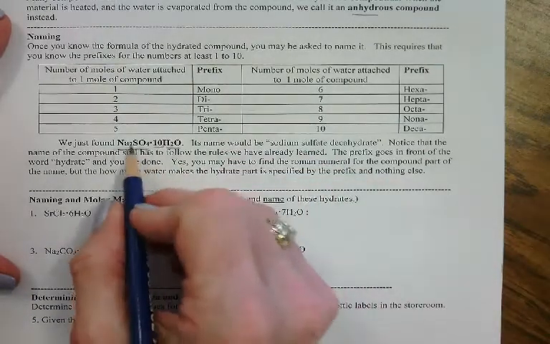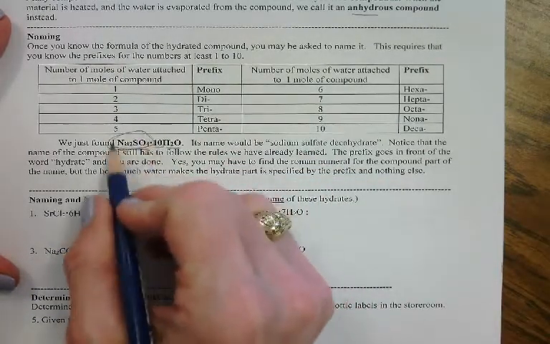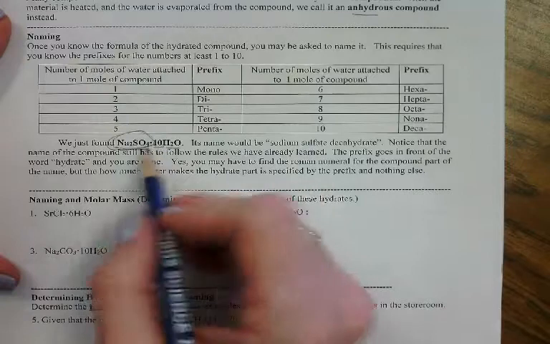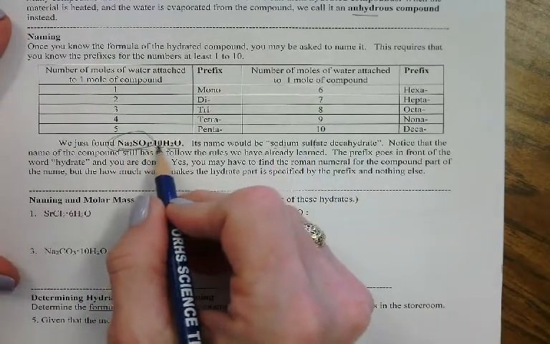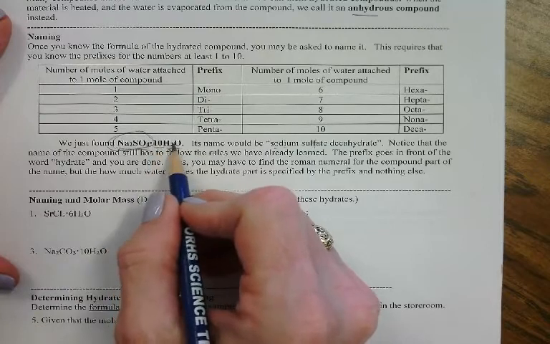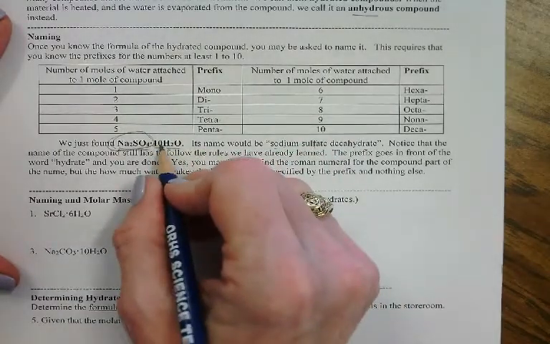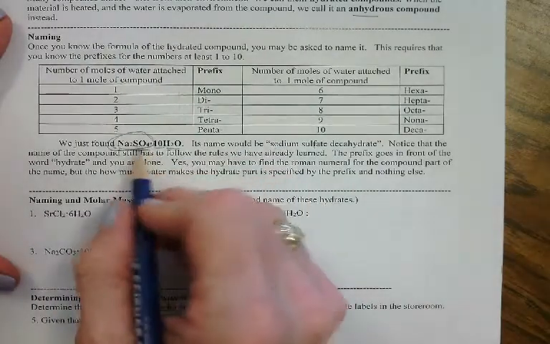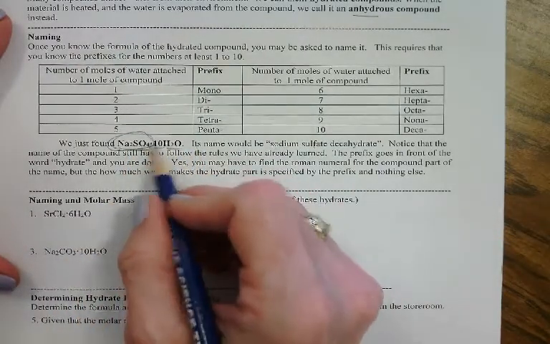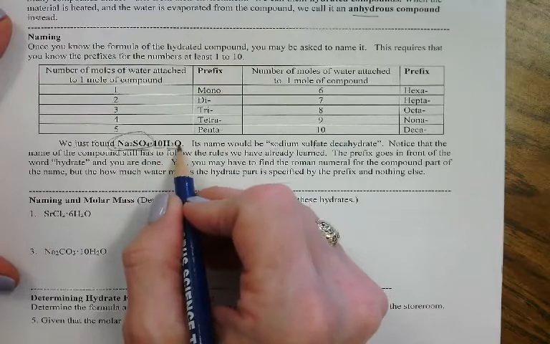Okay, so you name this first compound exactly the same as you would. This is sodium sulfate. But then when you see the dot followed by the number of water, that means there's 10 water molecules surrounding this sodium sulfate. So the way we name this whole thing is sodium sulfate decahydrate.